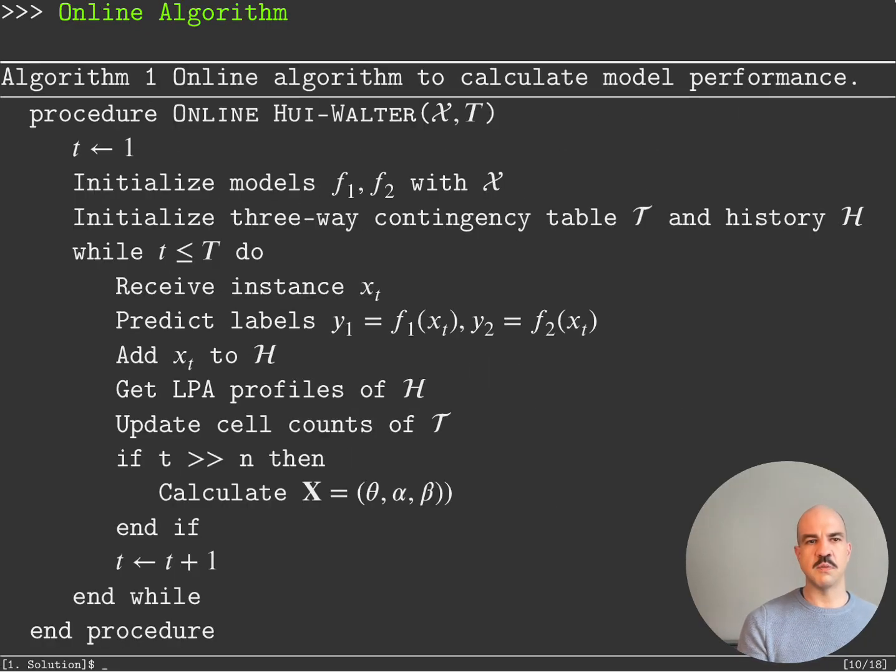So we managed to produce this online algorithm to calculate the model performance. You initialize the model, and you have these counts, and then each iteration of data accepts a new count for one of the entries of that contingency table, and as the cell counts update, we calculate the parameter vector of interest, which gave us our solution.